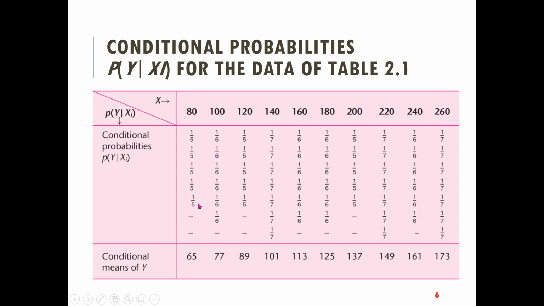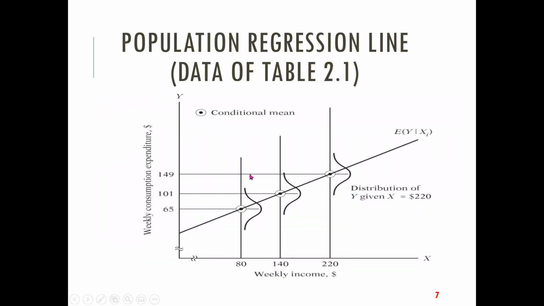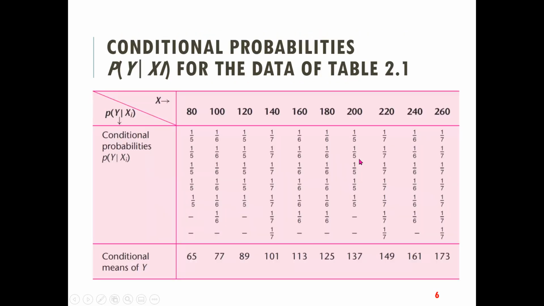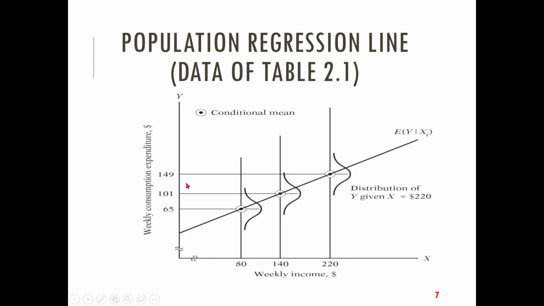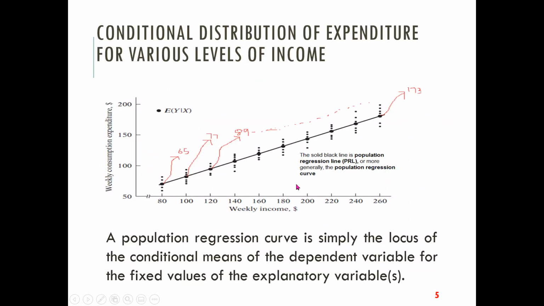I am discussing the conditional probabilities because I'll introduce the concept of distributions here. If this is the population regression line, and on these dots I superimpose a bell shape like here, although you see only 3 bells, coming back to this diagram you can draw bell shapes on all of these, 1, 2, 3, 4, 5, 6, 7, 8, 9, 10.